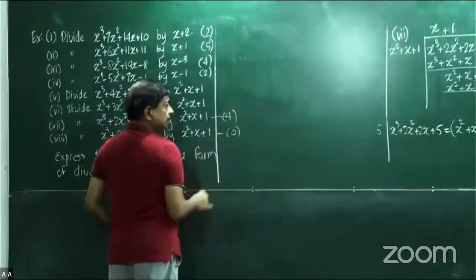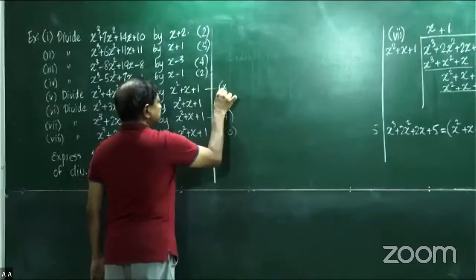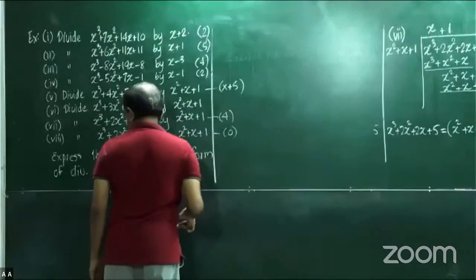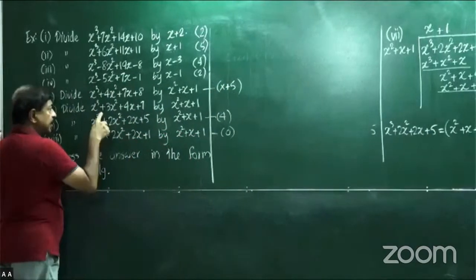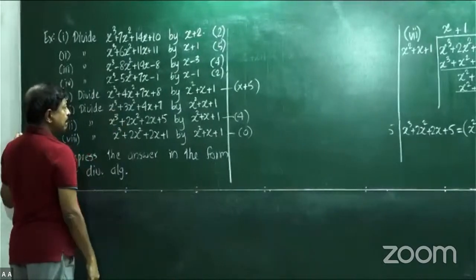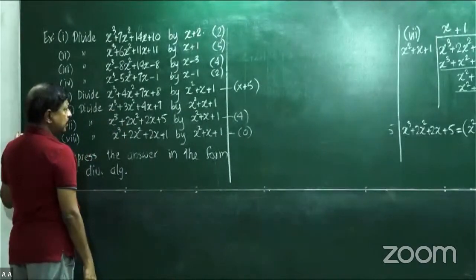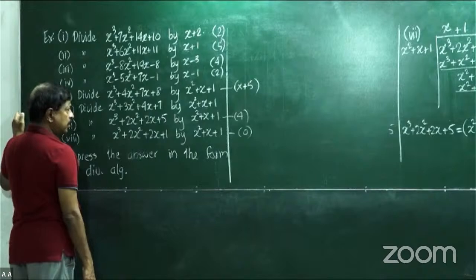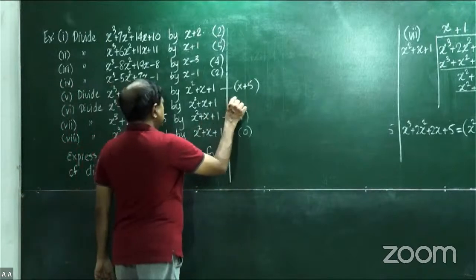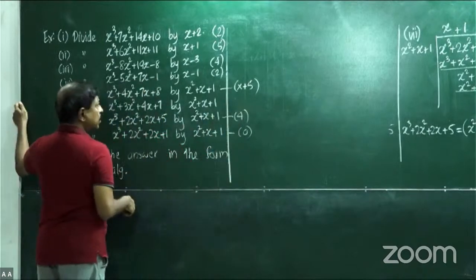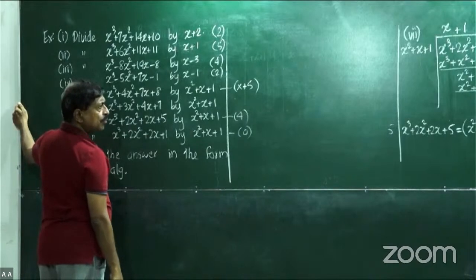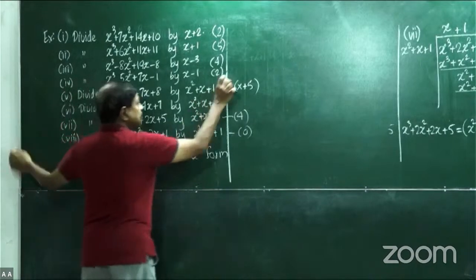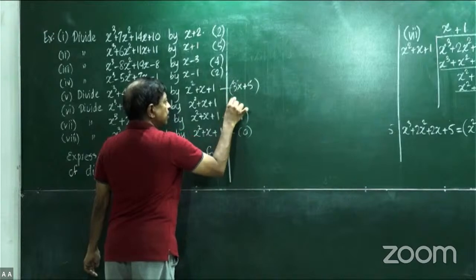This is 0. Here it is x plus 5. In the sixth one, let me see what it is. Hold on. X plus 5. That is 3x plus 5.